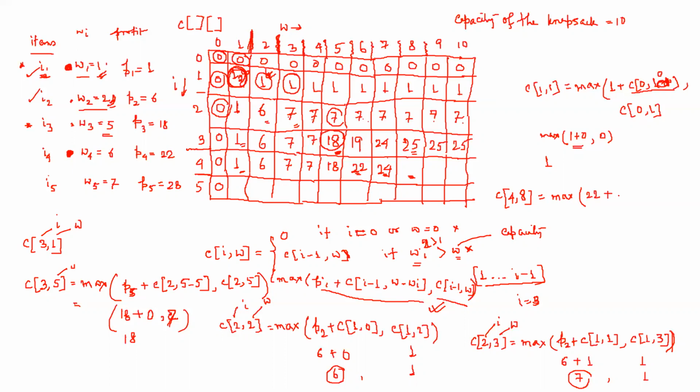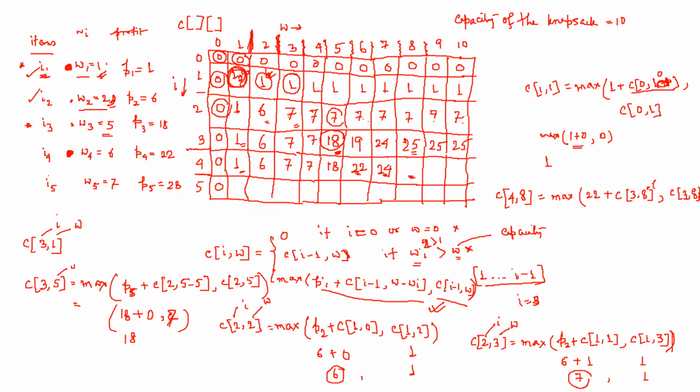So 22 plus C, I minus 1, so I minus 1 means 3, comma W. W means 8, comma, sorry, this one is W8. So C38, and this value is C3, W minus WI.